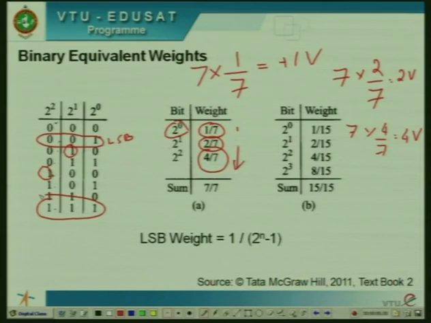So in that case, the LSB is going to have a weight of 1 upon 15. The second LSB is going to have a weight which is twice the LSB. The third LSB is going to have a weight which is twice that, and hence 4 times the LSB. So eventually the last one, which we call the MSB, is going to have the weight of 8 upon 15, which again is twice the third LSB.